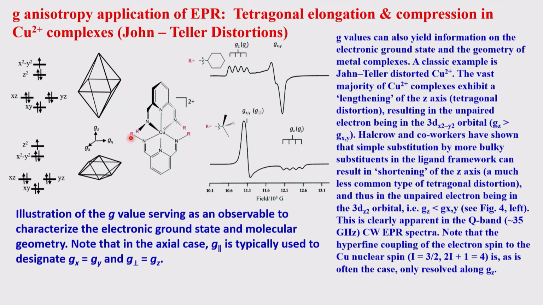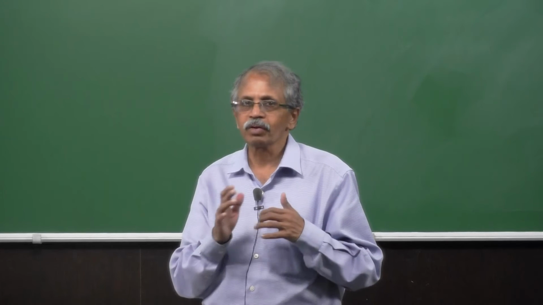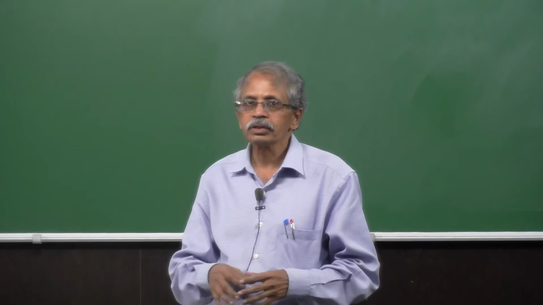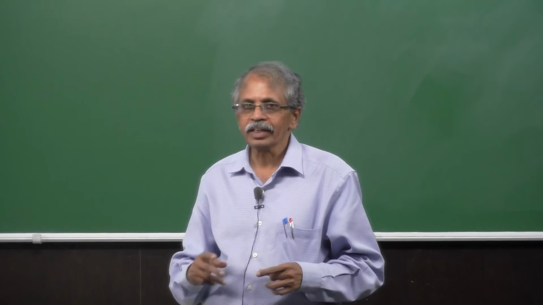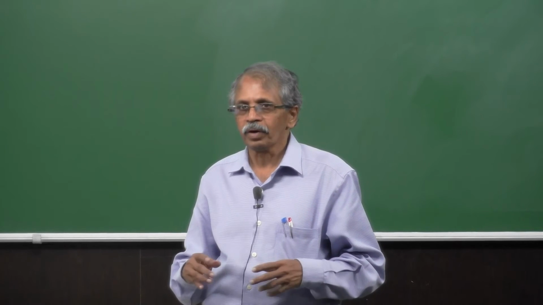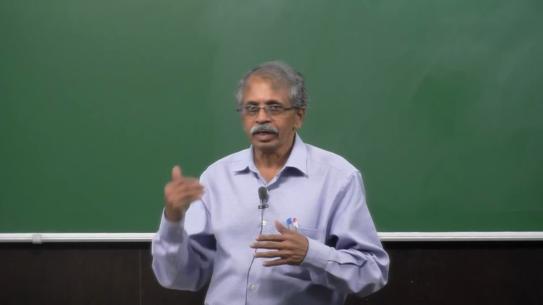Now you have studied in your inorganic chemistry, coordination chemistry, there is something called Jahn-Teller distortion. Most often people understand this by the copper d9 spectrum, so that you have 6 electrons in t2g and 3 electrons in the eg.